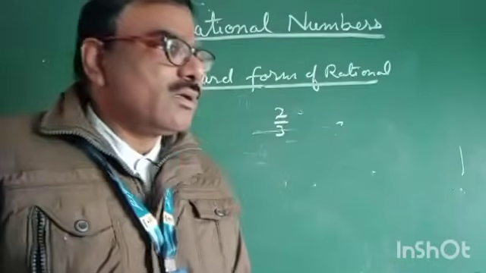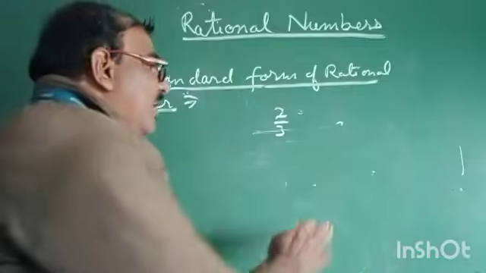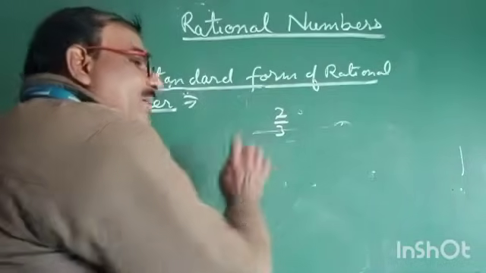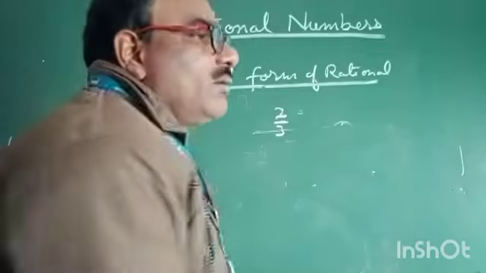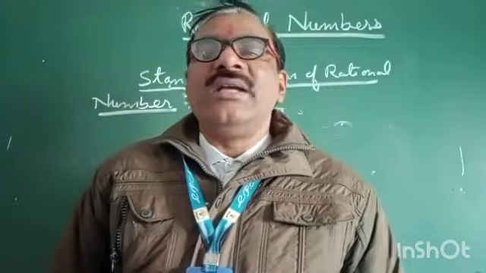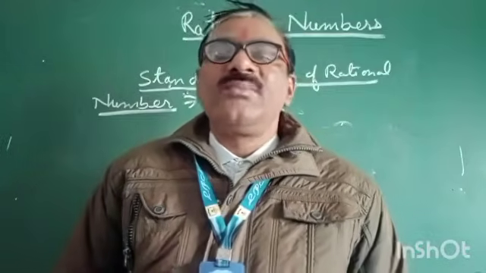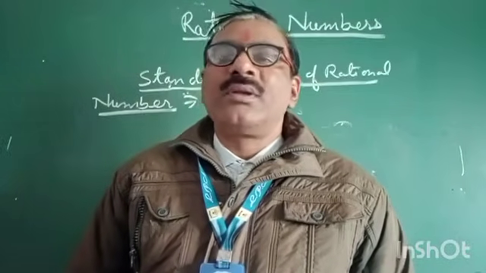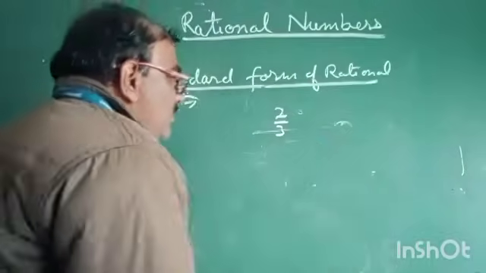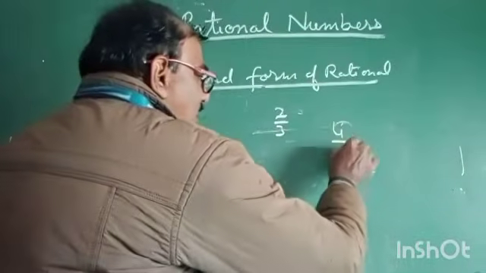For this, I will find out the HCF of numerator and denominator and divide numerator and denominator by the HCF. We get the standard form of the rational number. Suppose this is 4 upon 8.